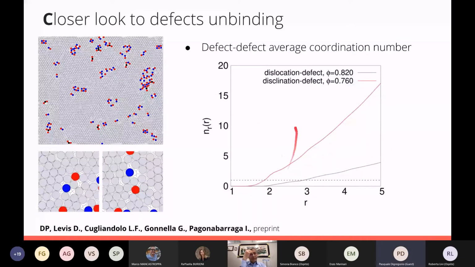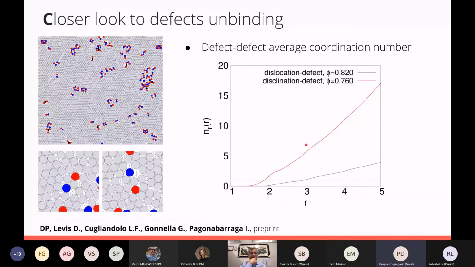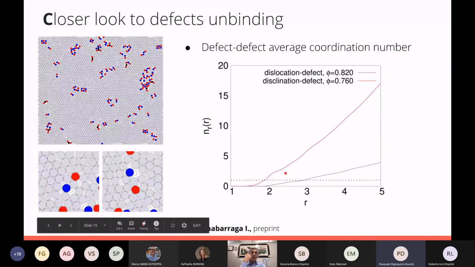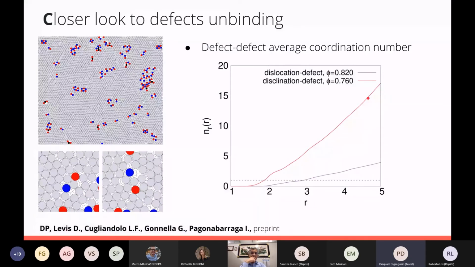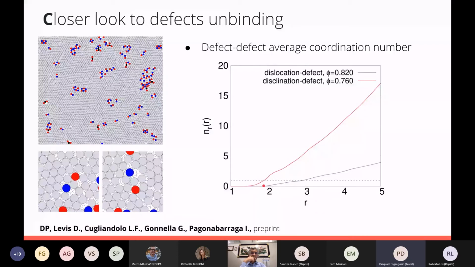This is also confirmed by these plots here, which represent the average number of neighboring defects for a given dislocation and disclination. As you can see here, the number of neighboring defects for disclinations grows much faster, which means that on average, we always find some defective particle nearby free disclinations.